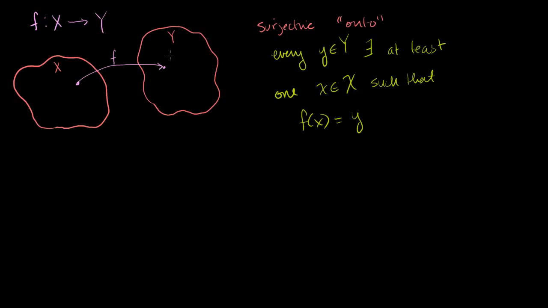So it's essentially saying, look, you can pick any y here, and every y here is being mapped to by at least one of the x's over here.